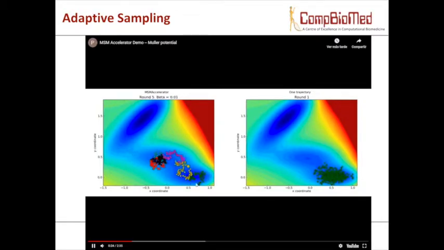And then it decides to respawn simulations from different spaces, probably the ones that have more probability to discover new states.